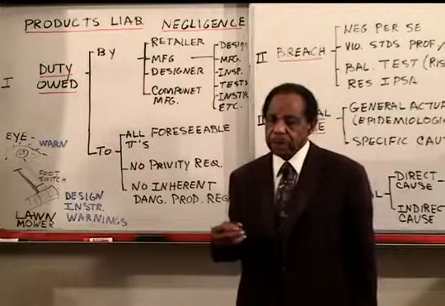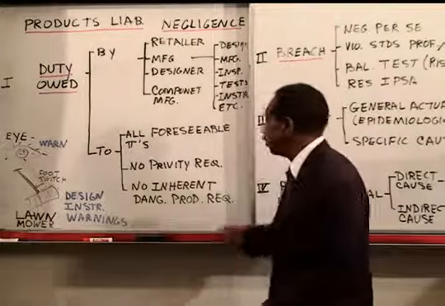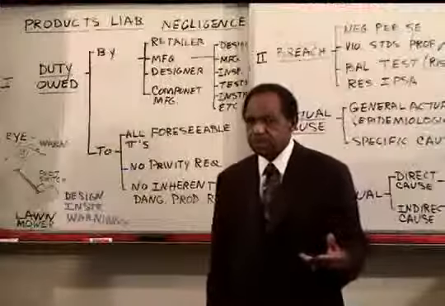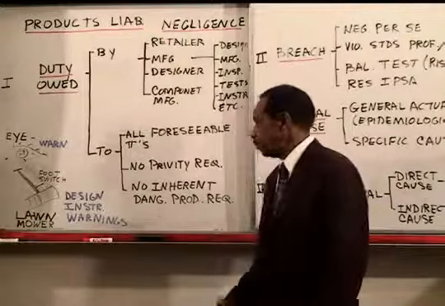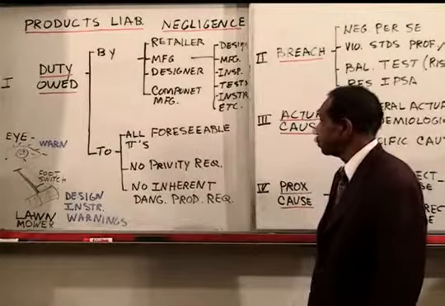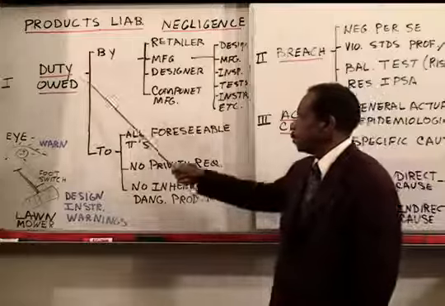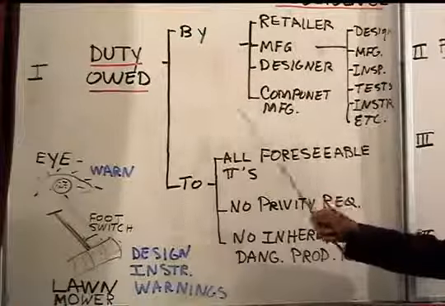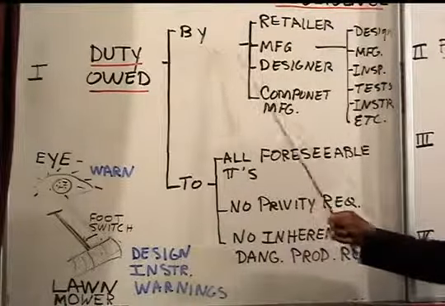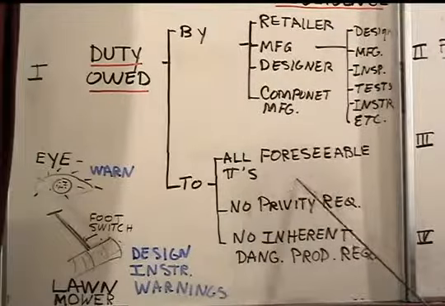And so if you get them doing any of these manufacturing things, they have to do it with due care, and if they don't, that's a breach of duty to the foreseeable plaintiffs. In negligence, everybody in the commercial chain owes this duty of due care to the foreseeable plaintiff.